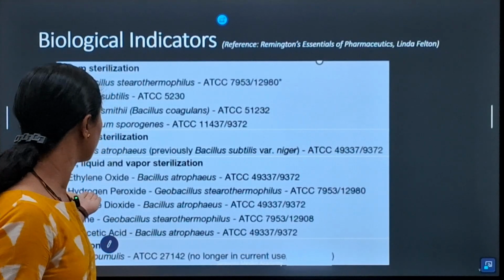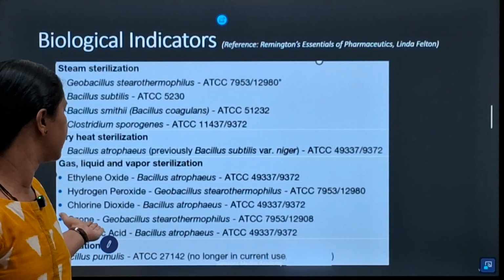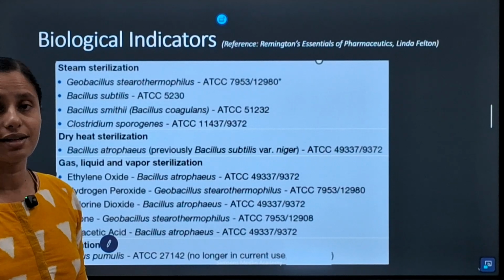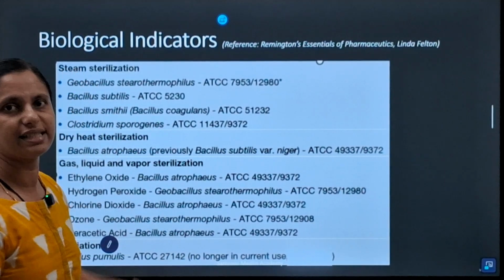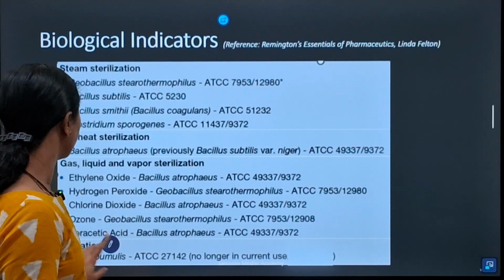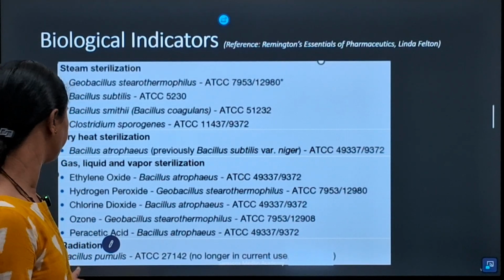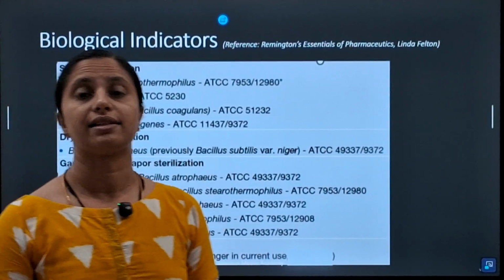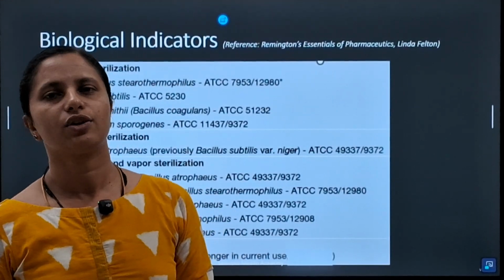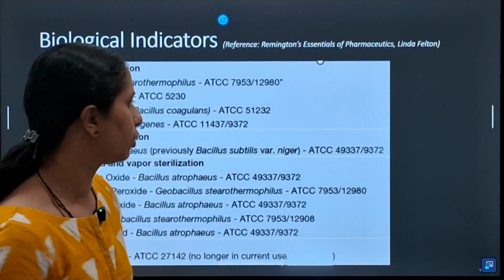So, for hydrogen peroxide sterilization and ozone sterilization, we can use Geobacillus stearothermophilus, same as the organism used for steam sterilization. So, coming to radiation sterilization, Bacillus pumilus is the organism, and it is not much used now.